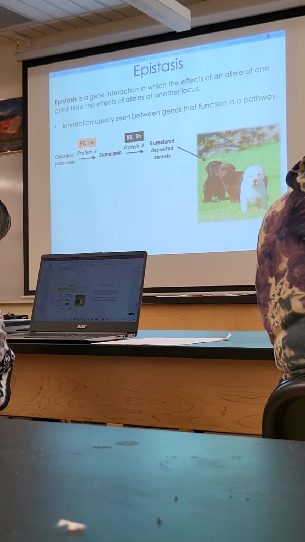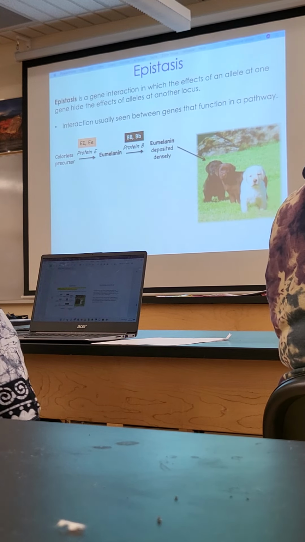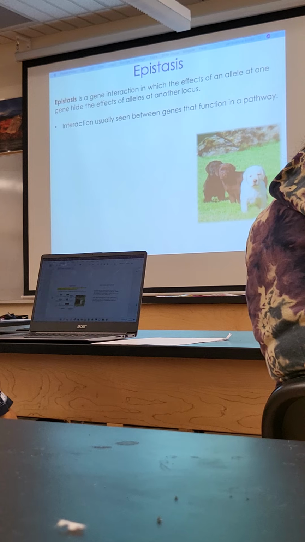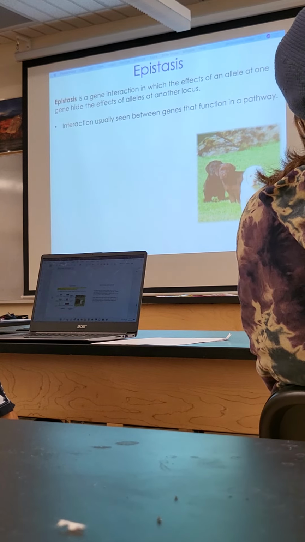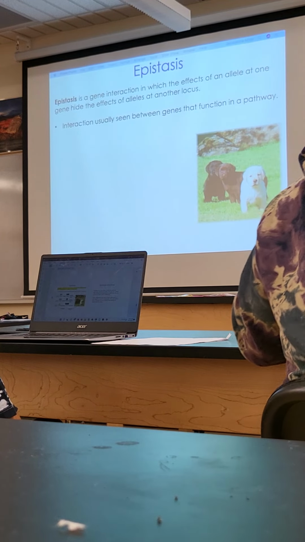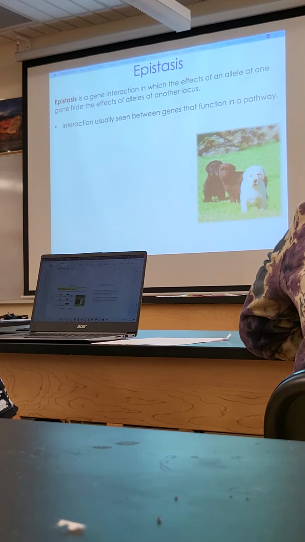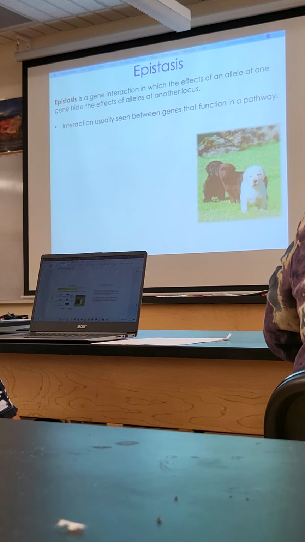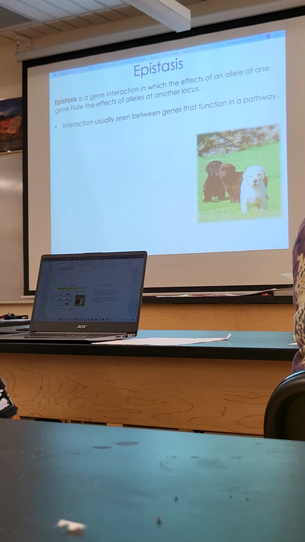Before I explain the molecular level, I'll just tell you, if you have at least one big B and at least one big E allele, you will get a black lab. If you have little b, but at least one big E, you get a chocolate or brown. And if you have little e, whatever is at the other locus, it always turns out yellow.